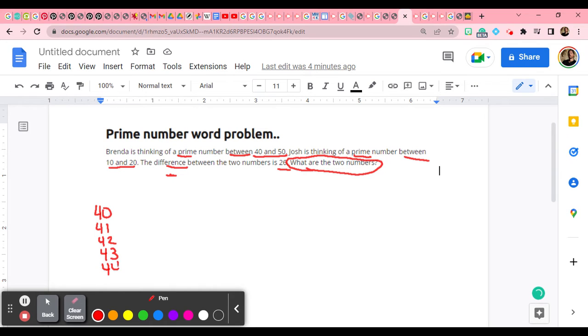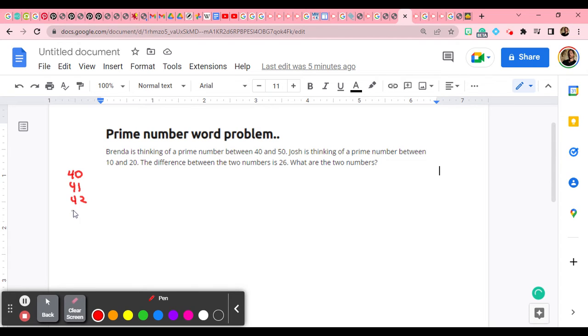43, 44, 45. Looks like I need a little more space, so let me start back up here. 40, 41, 42, 43, 44, 45, 46, 47, 48, 49, and 50.